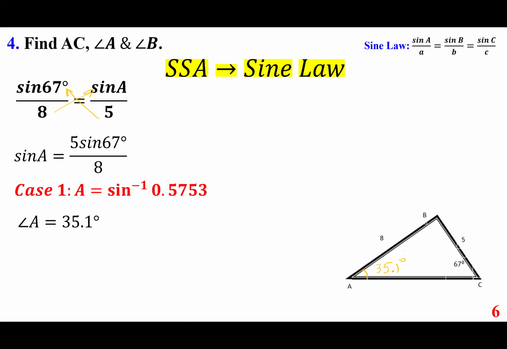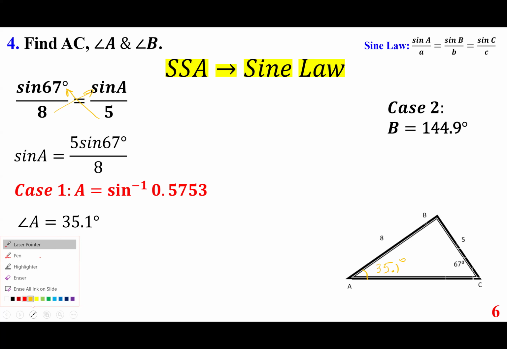Now, remember, sine is positive in the first and second quadrant. So you subtract this from 180 and you get the second possibility. Let's call this the A sub 2 possibility.